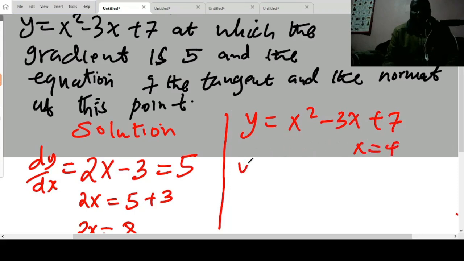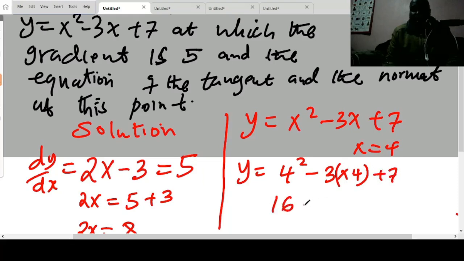We substitute, so y will be equal to 4 square minus 3 times 4 plus 7. So this is 16 minus 12 plus 7. We can press the calculator. This is 4. So y is equal to 11.